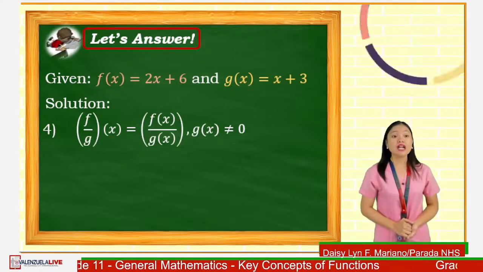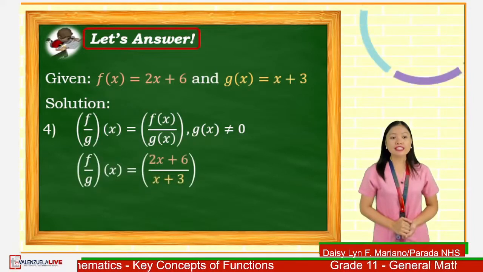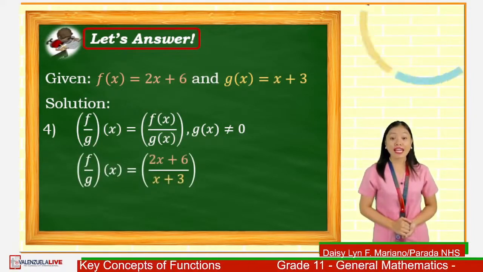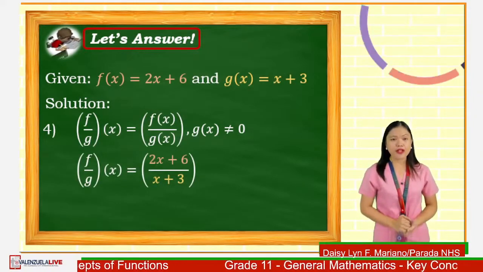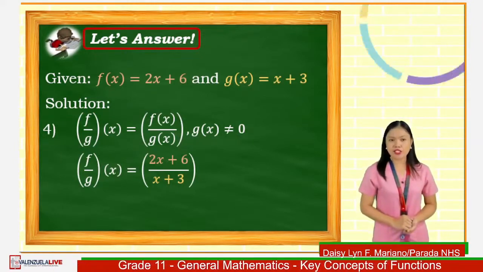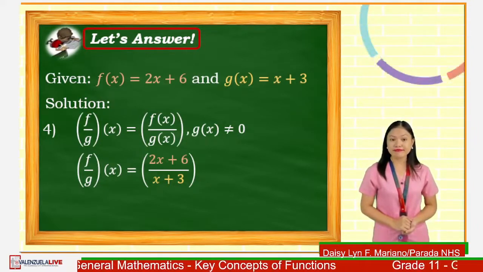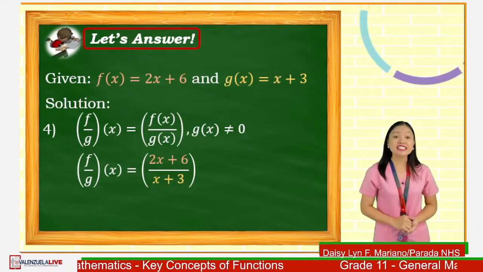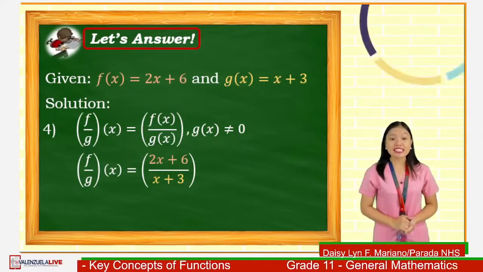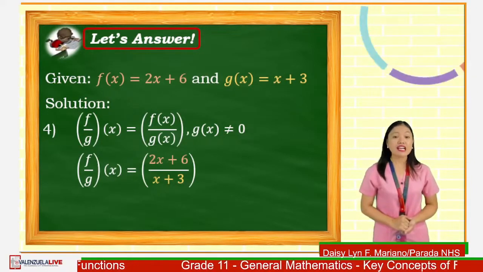0. Substitute the given functions, we have 2x plus 6 over x plus 3. Observe the expression. Is the expression 2x plus 6 factorable? Yes, it is factorable, and its factors are 2 and the quantity x plus 3.